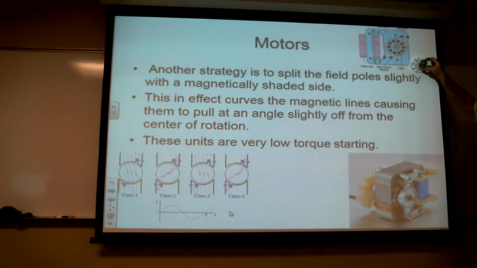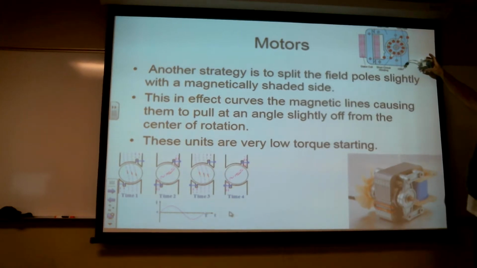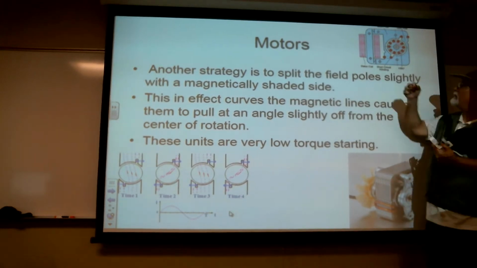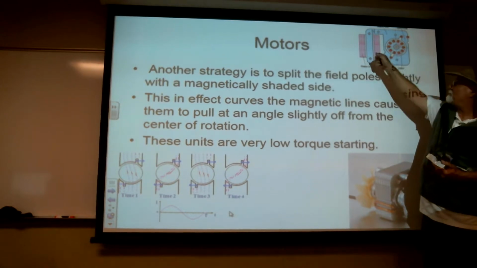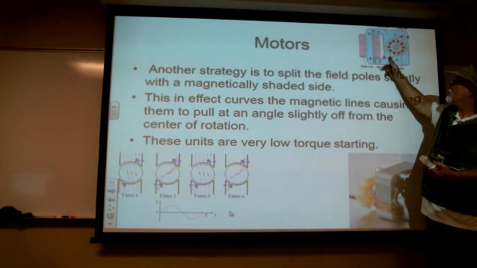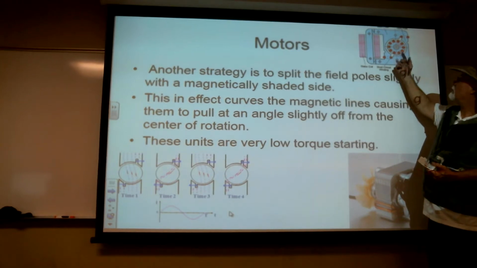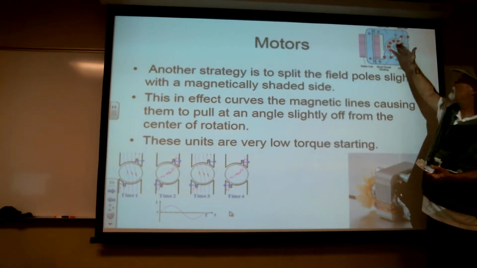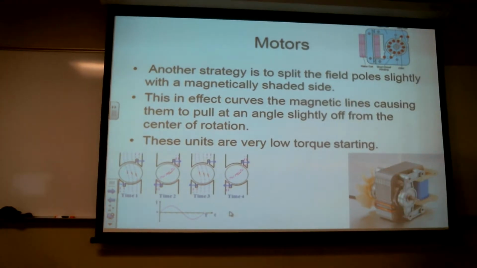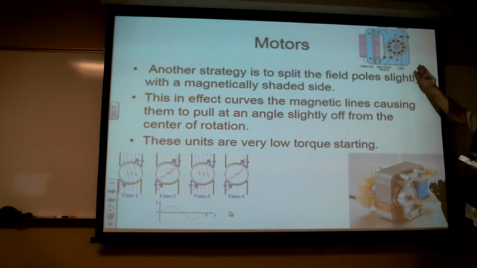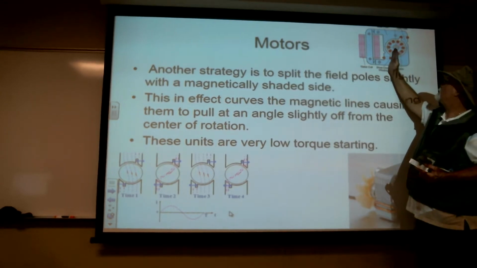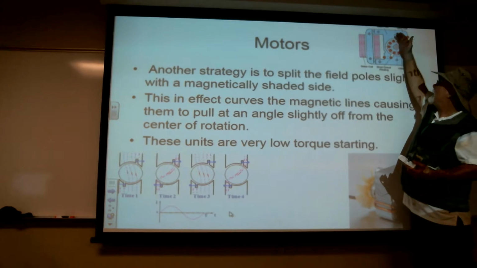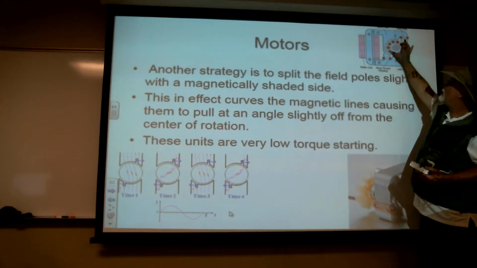Note the similarity. As the magnetic field builds up and collapses and builds up and collapses, these guys get a little bit of current going around this way, which then distorts the magnetic field enough to where it's now going to be shaded this way and that way, which is going to pull this direction.